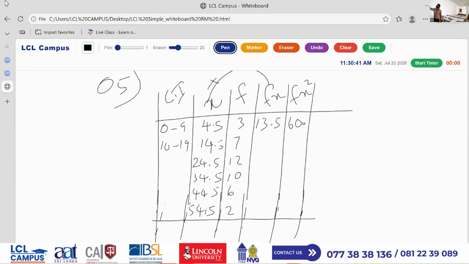Right, like that, prepare all the columns quickly. What is the answer? Mean? X bar equals sigma x over n.